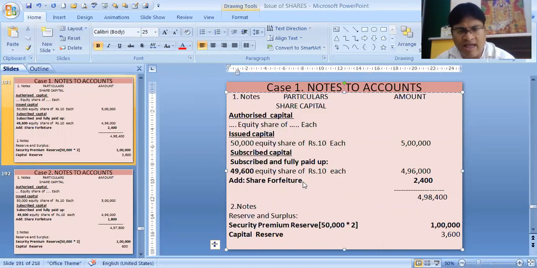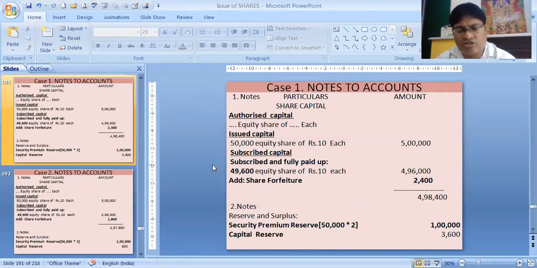This is the amount left in the share forfeiture account. It is nothing but 6,000 minus 3,600, 2,400 that is left. That will be added over here: 4,98,400. Reserves and surplus: 50,000 into 2, because everyone has paid the securities premium reserve, that is 1 lakh, and capital reserve is 3,600. That is the amount of the share forfeiture which we have transferred to capital reserve for those forfeited shares which are reissued. That is only coming over here. And this 2,400 is for those forfeited shares which were not reissued.